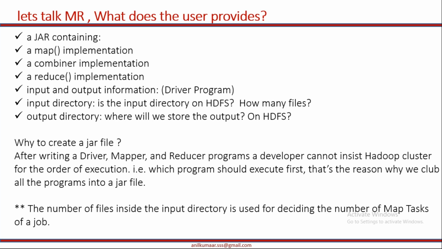You provide all the information about the data you want to process under the driver. So in any MapReduce program, you will have a mapper and a driver. These two are mandatory. The reducer is optional. Of course, you will usually have the reducer also based on the data, but in some cases it is absent.